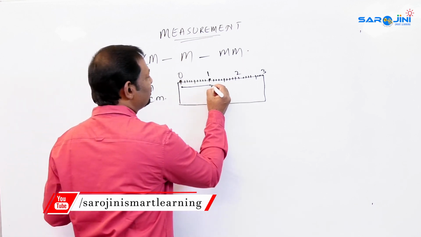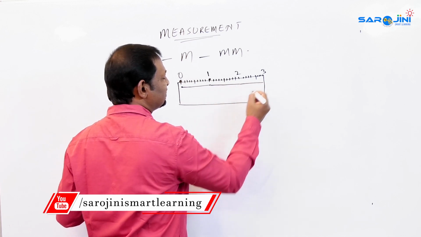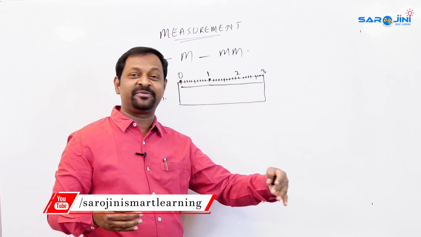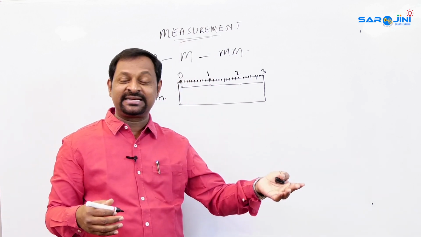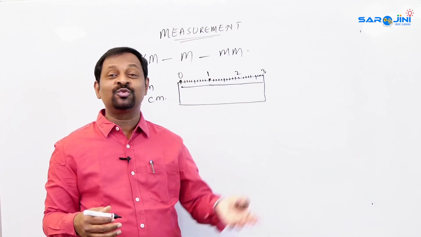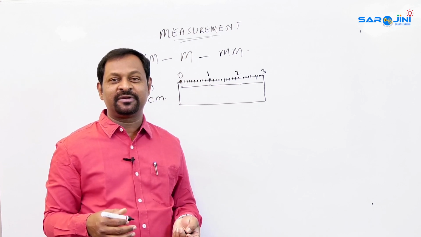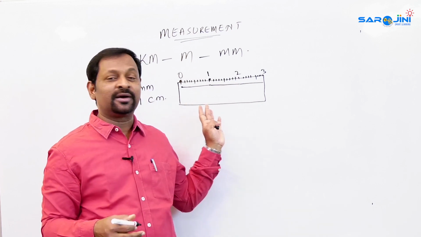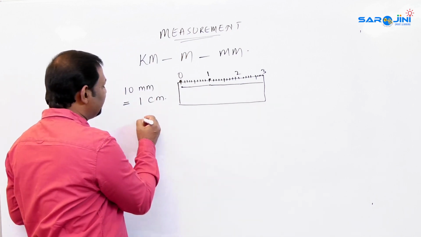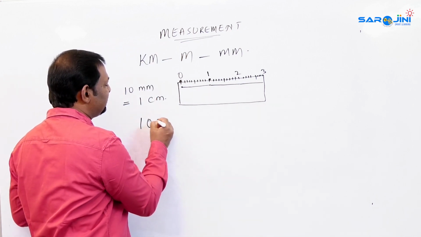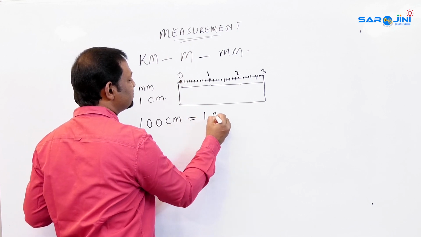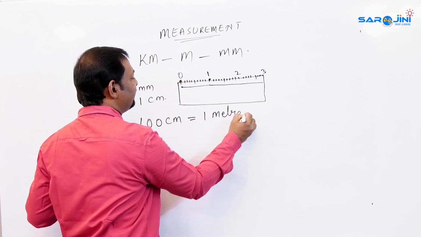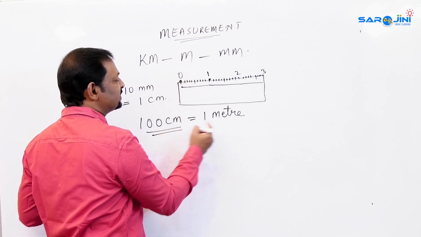Like that, there are 2 centimeters, 3 centimeters, 10 centimeters, 50 centimeters, 100 centimeters, 200 centimeters, 500 centimeters, like that 1000 centimeters also will be there. But in our counting, if you go on counting up to 100 centimeters, then we call it 1 meter. 100 centimeters is called 1 meter.